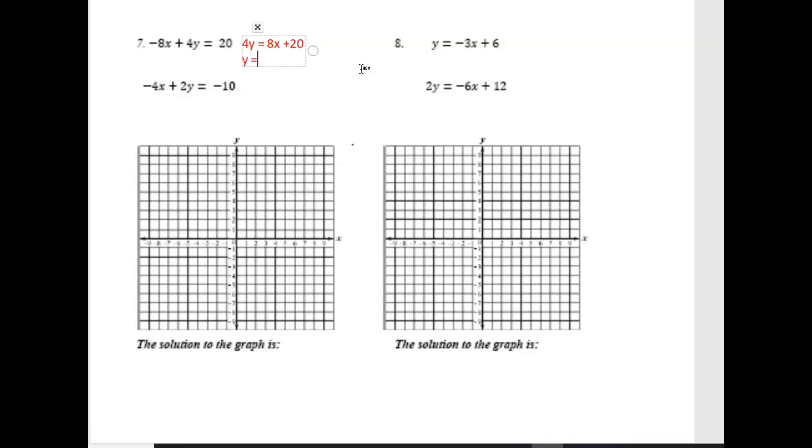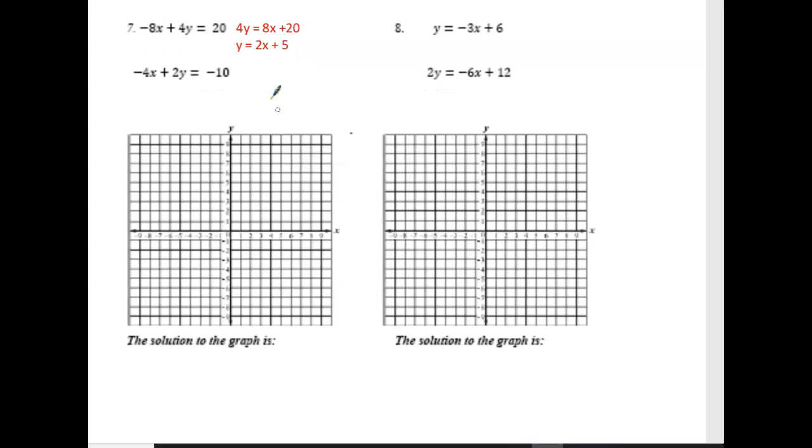And we get y equals 8 divided by 4, which is 2, plus 20 divided by 4, which is 5. So what that means is my y-intercept is at a positive 5, and my slope is up 2 over 1.